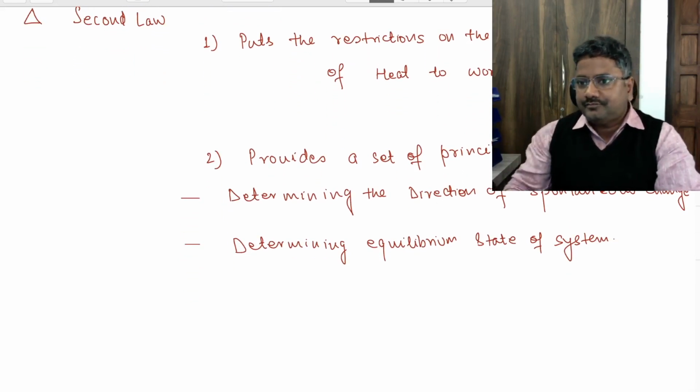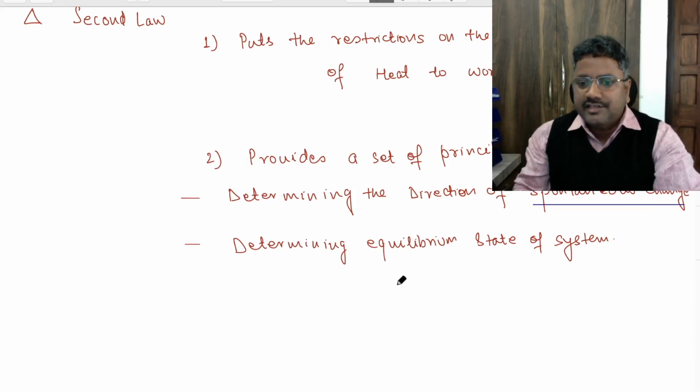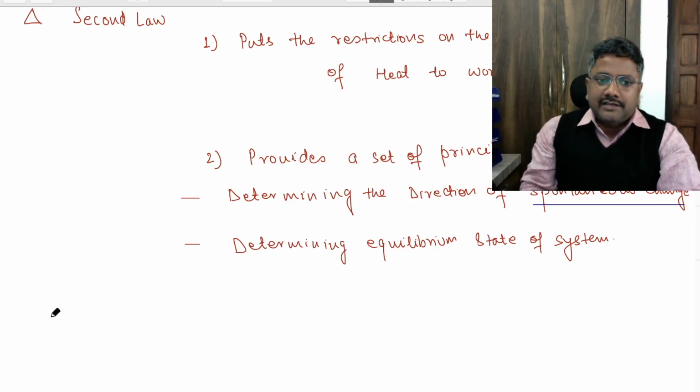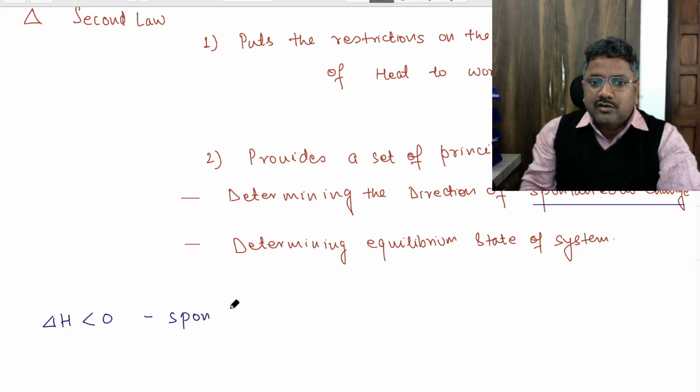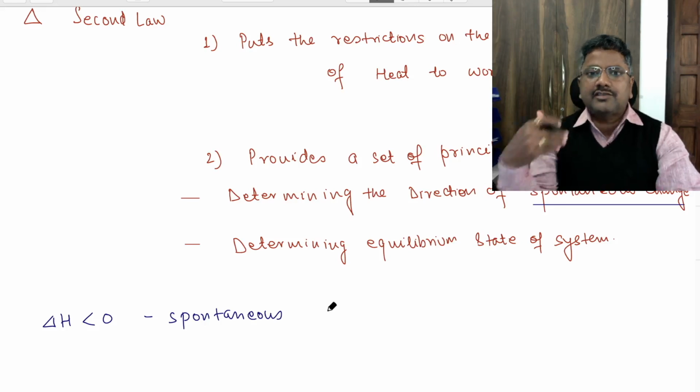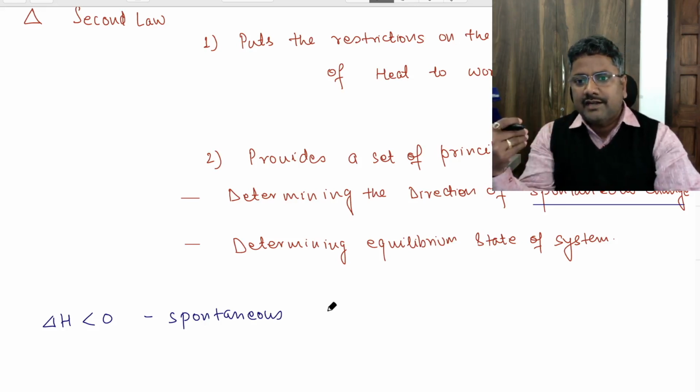And before this, the scientific fraternity was thinking that if delta H for any reaction is less than 0, then the process is spontaneous. Spontaneous means the process can proceed in the given direction without help of any external source, right?